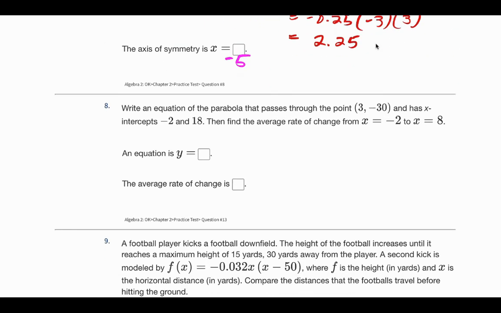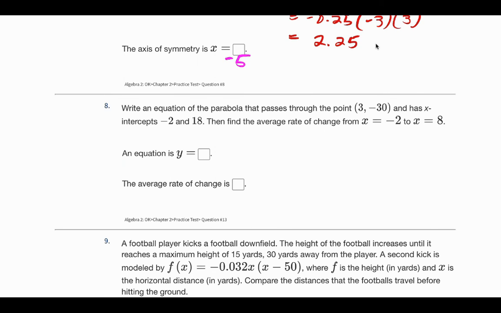Write an equation of parabola that passes through the point 3 and negative 30 and has x-intercepts at x is equal to negative 2 and 18. Then find the average rate of change from x is equal to negative 2 to x is equal to 8. So again, they're telling us that we have x-intercepts.